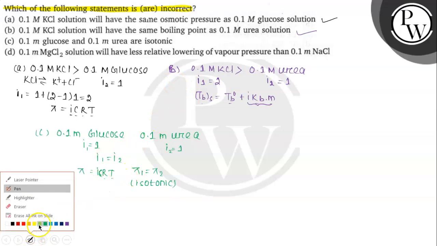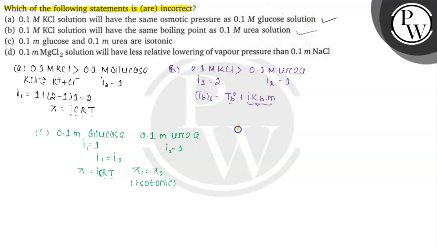So option C is correct. Now option D. Option D is 0.1 molality MgCl2 and 0.1 molality NaCl. So MgCl2 dissociates to form Mg2 plus and 2Cl minus. Here the number of dissociated ions is 3.